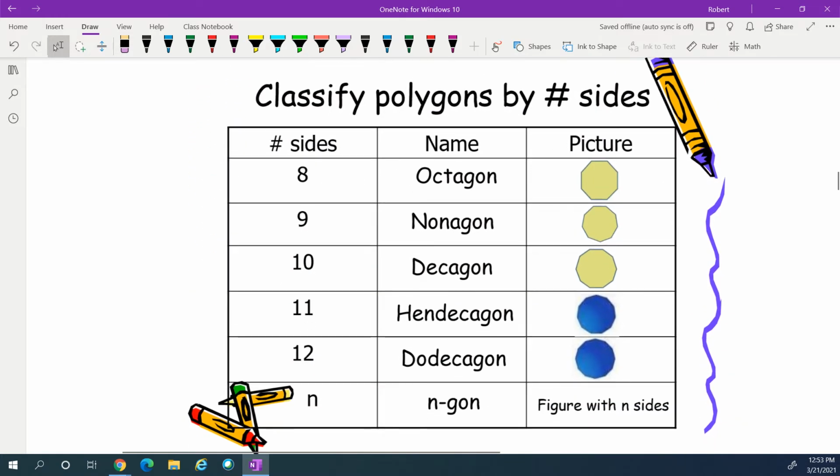On the next slide, we take it up to 12 as a dodecagon. After that, while they all do have names, we tend to just call them n-gons to make it simpler, n meaning the number of sides. So if it was 14 sides, a 14-gon. 32 sides is a 32-gon, and so on. They absolutely do all have names, but we're not required to know them all beyond a dodecagon.